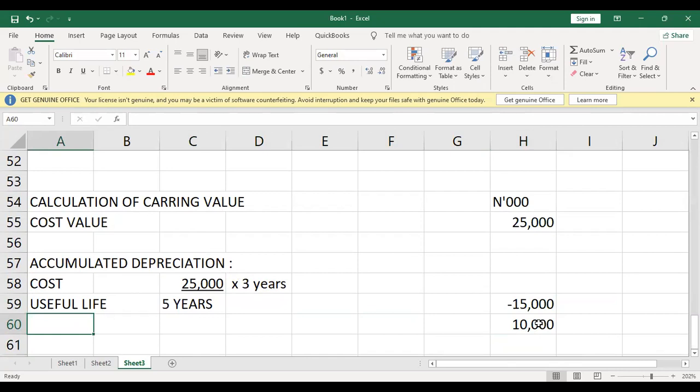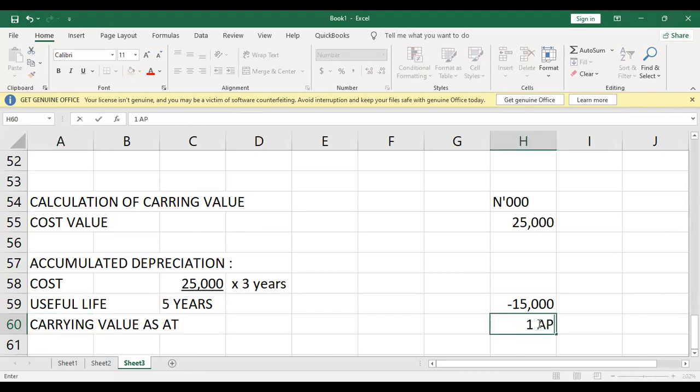So this is the current value as at 1st April 2018.